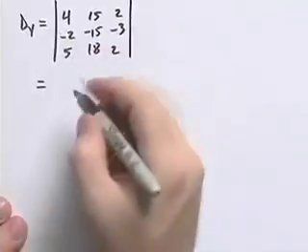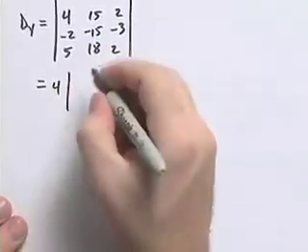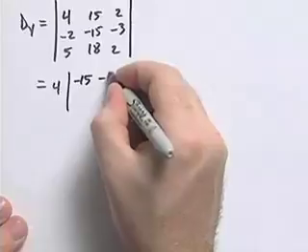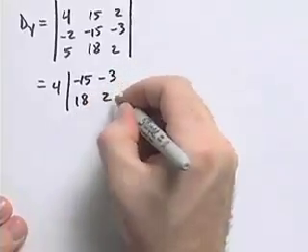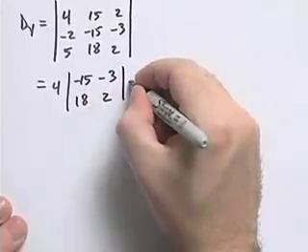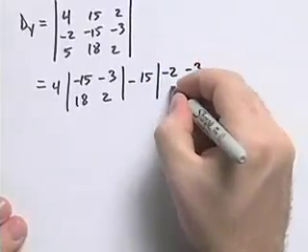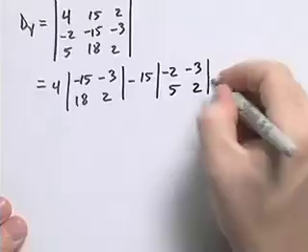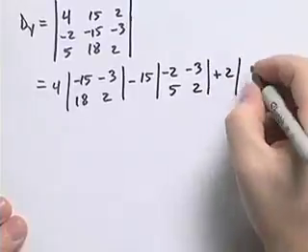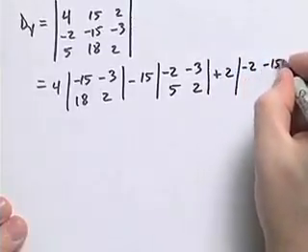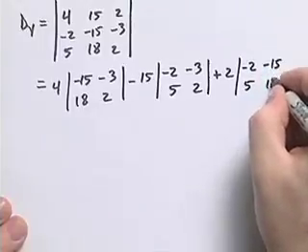Just going to expand across the first row again. So we'll have 4 times the determinant of negative 15, negative 3, 18, and 2, minus 15 times the determinant of negative 2, negative 3, 5, and 2, plus 2 times the determinant of negative 2, negative 15, 5, and 18.